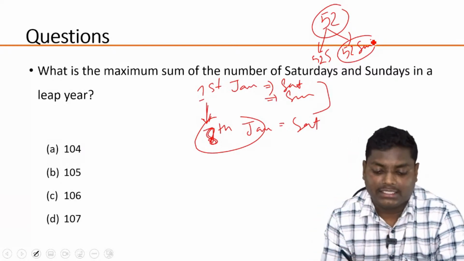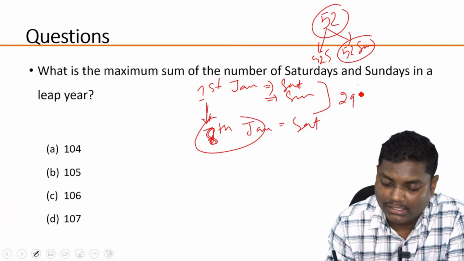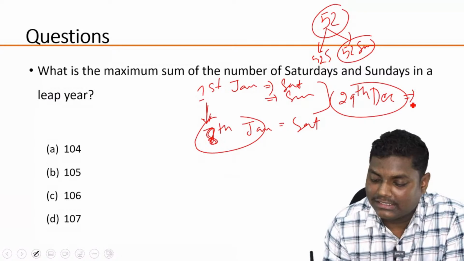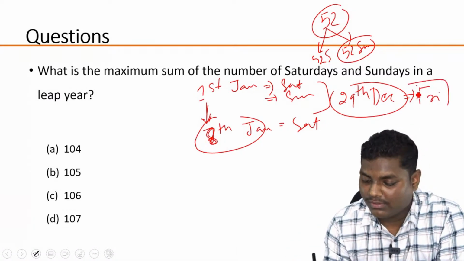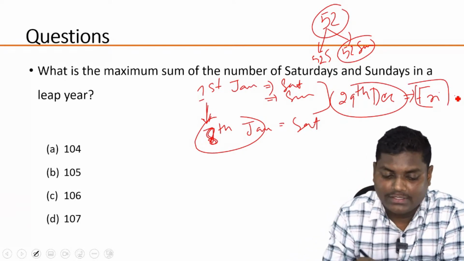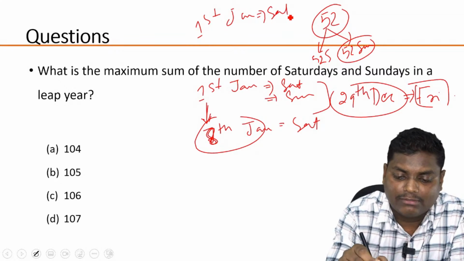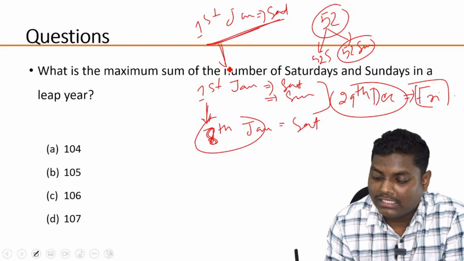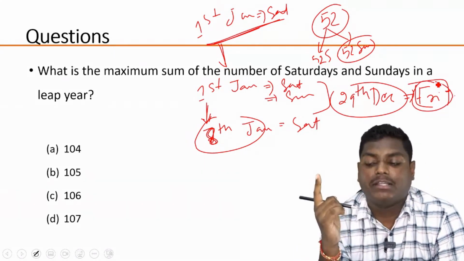Now the last thing, when we reach 29th December, it will be a Friday. You can try and solve this out. If we take the 1st Jan to be Saturday and solve it for the 52nd week, the last day of the 52nd week will be a Friday. So 29th December will be a Friday basically.